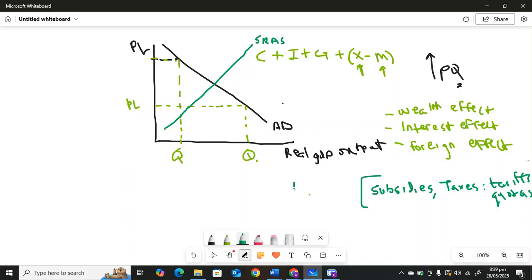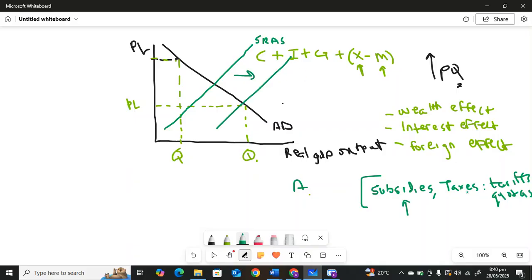Okay. So yes, basically we can call these actions of government. Subsidies, when government is offering financial aid to businesses, it makes cost of production cheap. When government gives subsidies, you expect the short run aggregate supply curve to move to the right, meaning it increases.